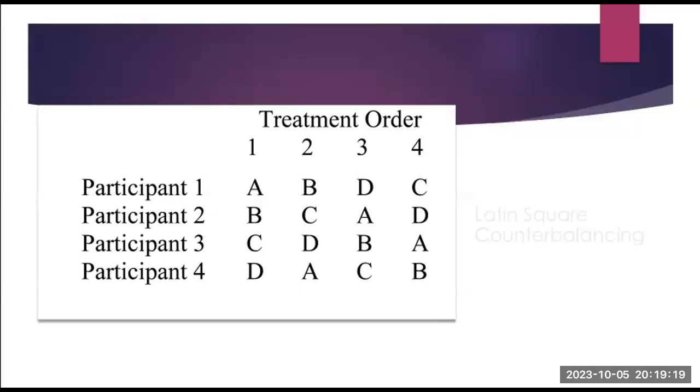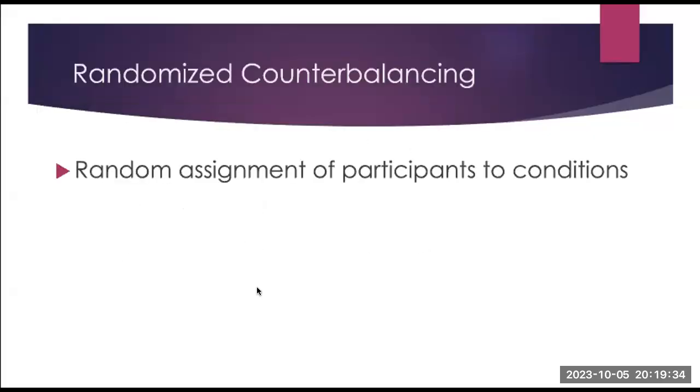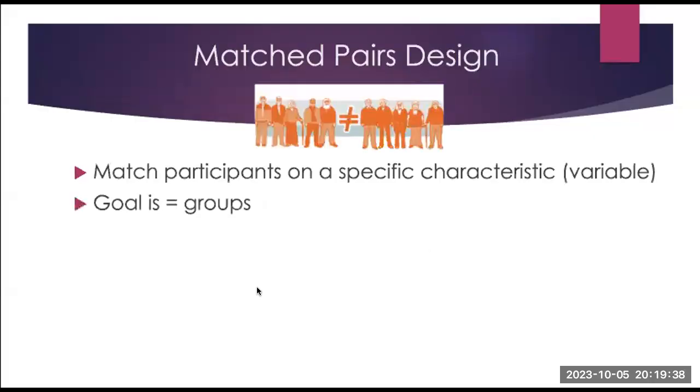It's a systematic way of ensuring that the different orders are accounted for, but because you're using random assignment, you don't have to expose all participants to all combinations. And then we have randomized counterbalancing, where you're just randomly assigning participants to the different conditions. So those are the different types of counterbalancing.